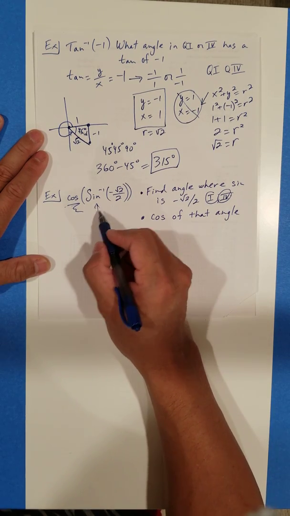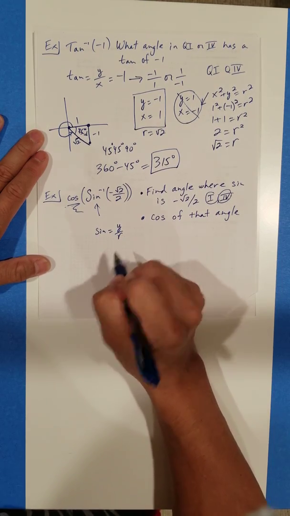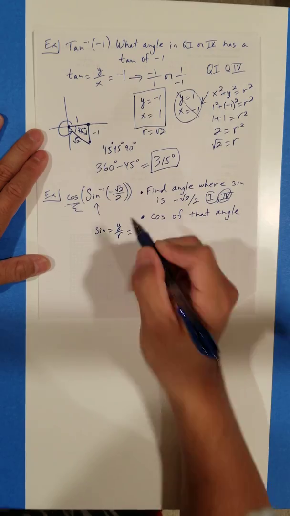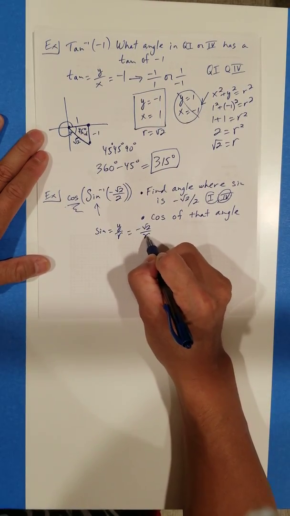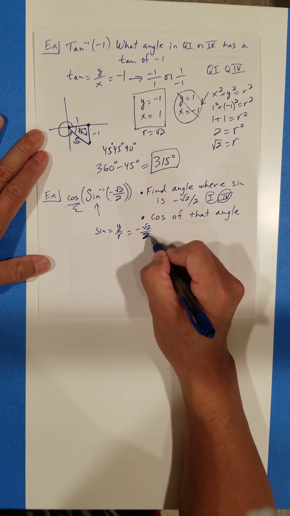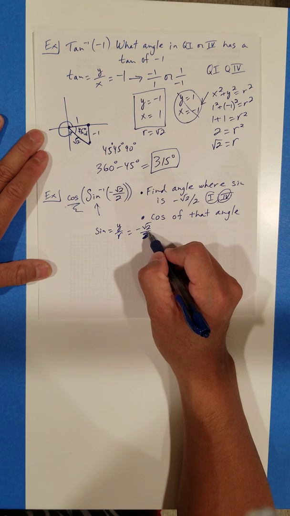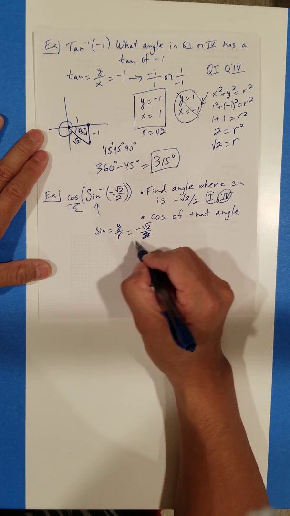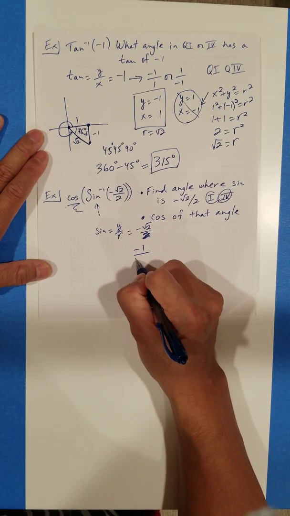Let's start with the inside here. Sine, if you remember, is y over r. So that means negative radical 2 over 2. But this has been simplified. We don't see this normally, originally. Negative radical 2 over 2, once upon a time, started out as negative 1 over radical 2.